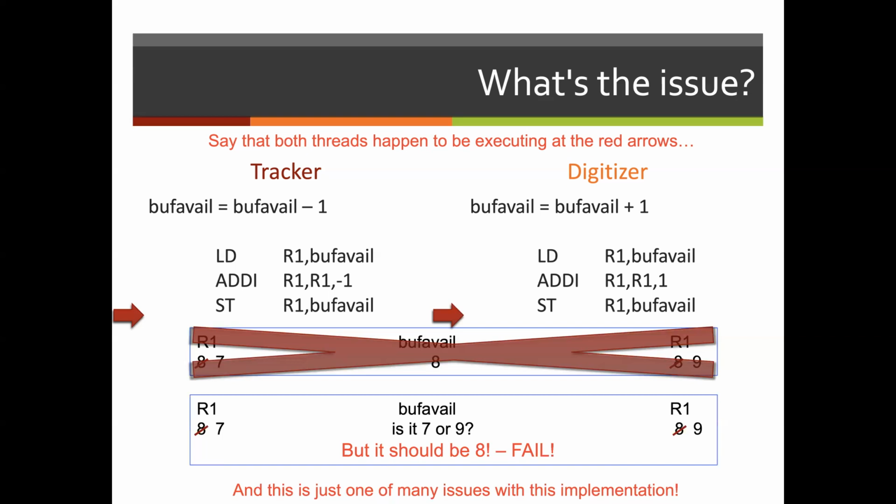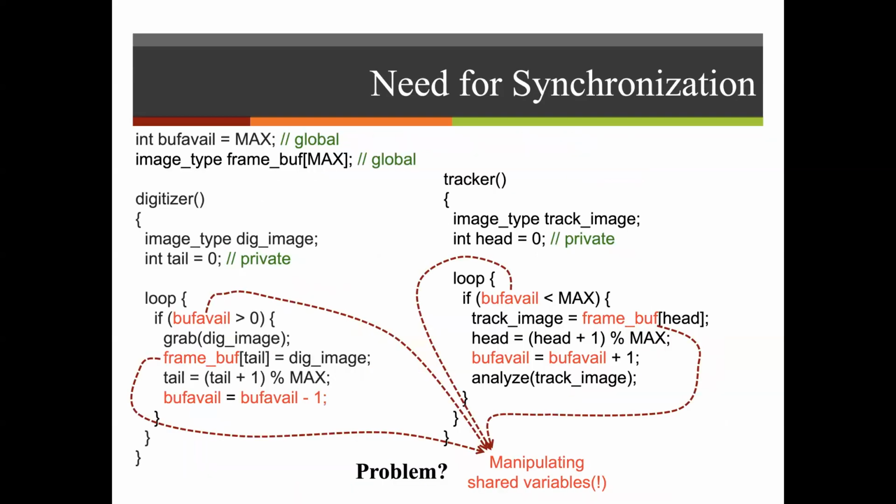But this is just one small issue that occurs in this scenario. So we need to figure out a way to resolve the synchronization issues with regards to the sharing of the data.